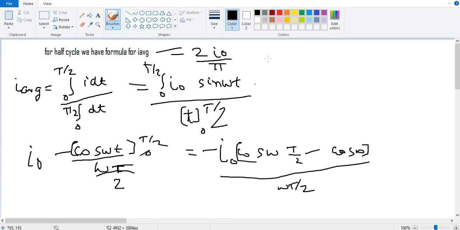Now we will put the value of T. We already know T is equal to 2 pi by omega.